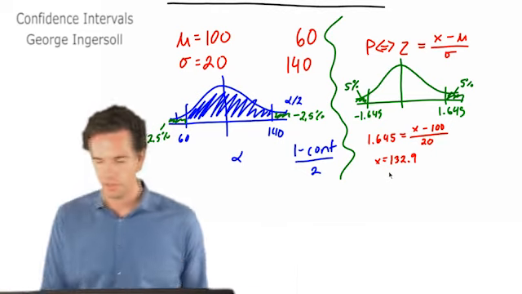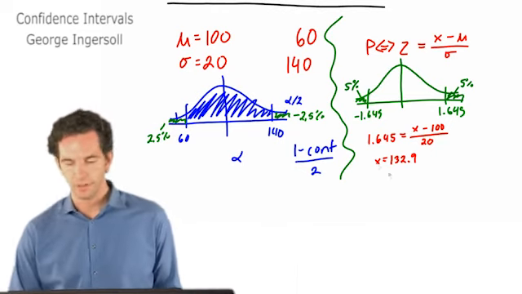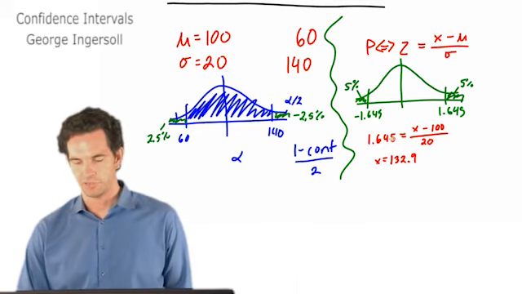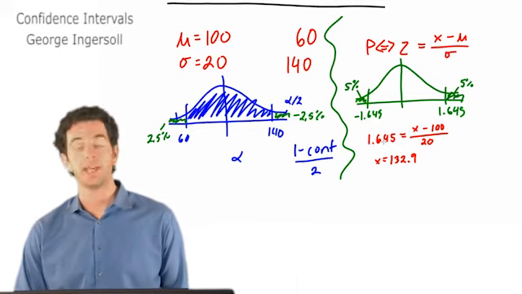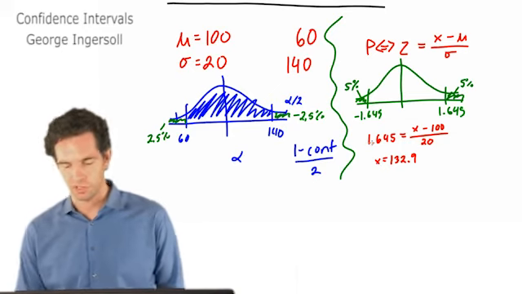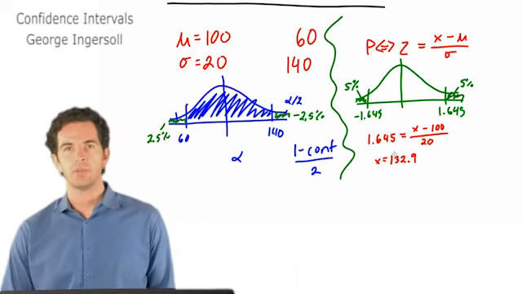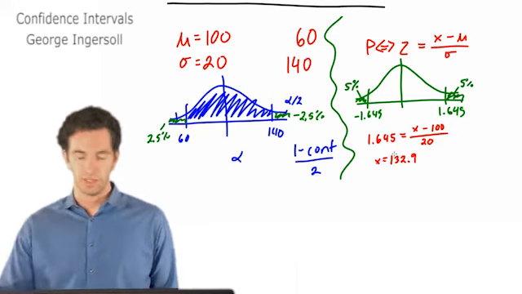So let's take a look and figure out what our lower bound is going to be. Well, to figure out the lower bound, we're just going to sub in negative 1.645 instead of 1.645. And in fact, what we're going to get is the same distance from the mean, only to the left.